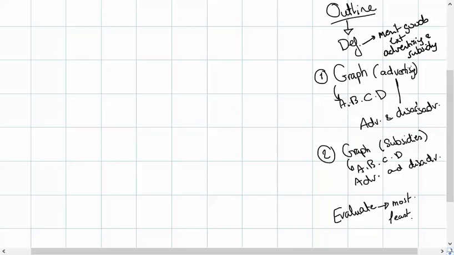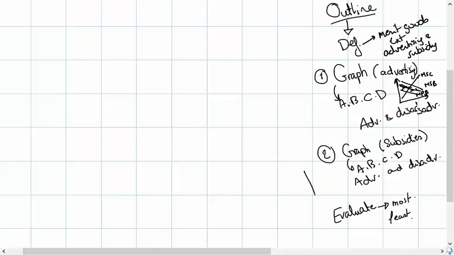The graph of advertising has to be shown on an externality graph. So it's the same externality graph, MSB and MPB, and the one that shifts as a result of advertising is MPB, and this will be clearer when we draw the graph itself. So this is just an outline.